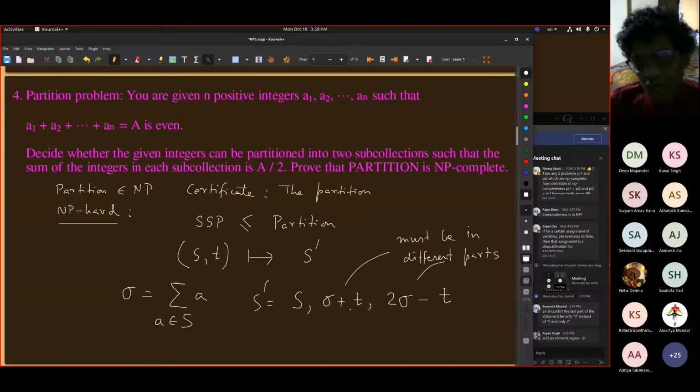So the part containing this eventually adds up to 2 sigma if and only if S contributes elements whose sum is exactly T. Yes or no?